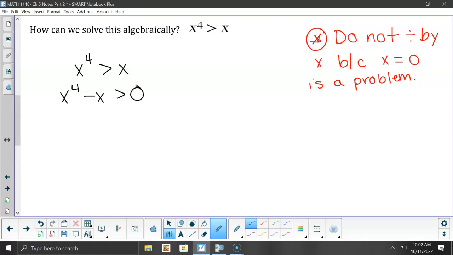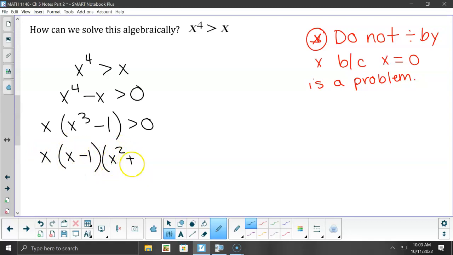Yes, I can pull an x out, so I've got x times x cubed minus 1 is greater than 0. Can I factor that x cubed minus 1? Yes, that is a sum or difference of cubes, which a lot of people have forgotten is a thing. So it's x minus 1 and then x squared plus x plus 1 is greater than 0.